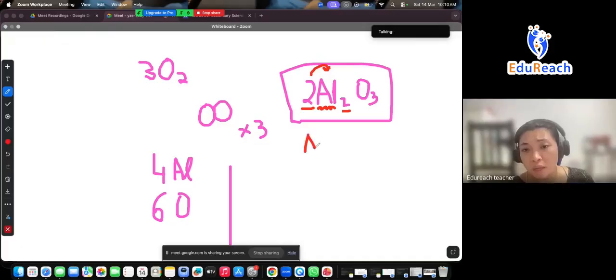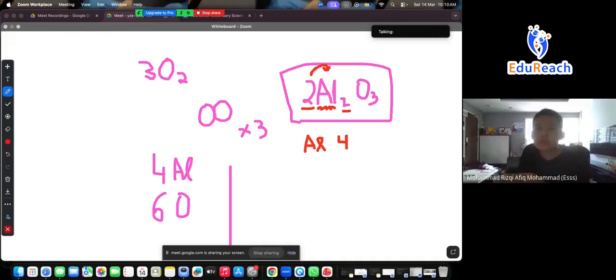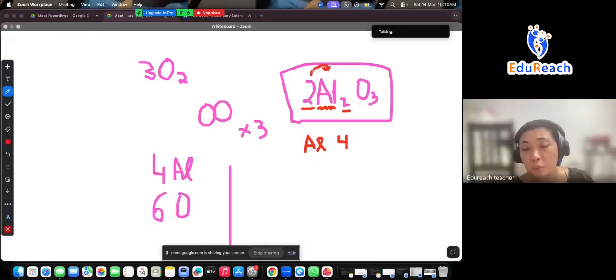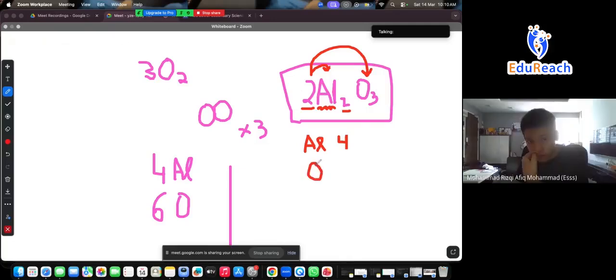So in terms of Al, how many then? 2 times 2, which equals 4. You understand that, Rizky? Yes. Then what must the 2 also be applied to? To the O3. So 2 times 3 equals 6.